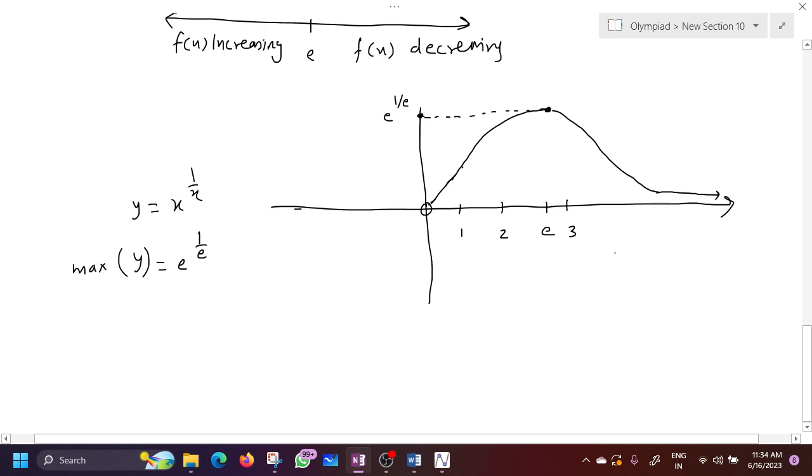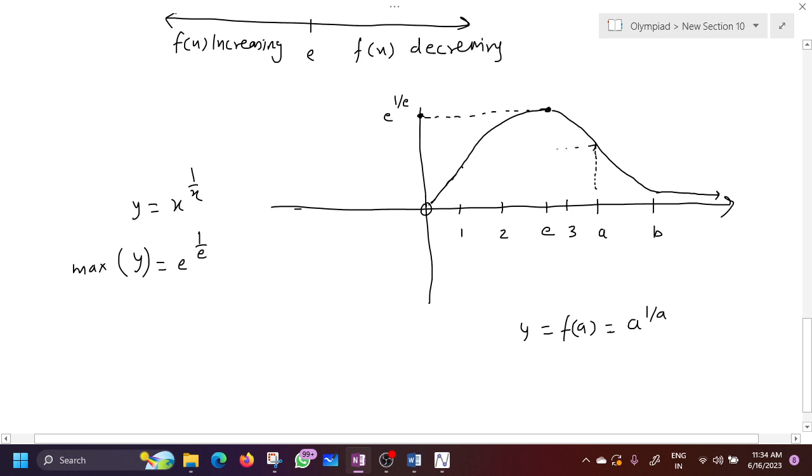So now we are done. If we take some number a here and some number b here, then according to the function, f(a) is equal to y is equal to a to the power 1 by a.